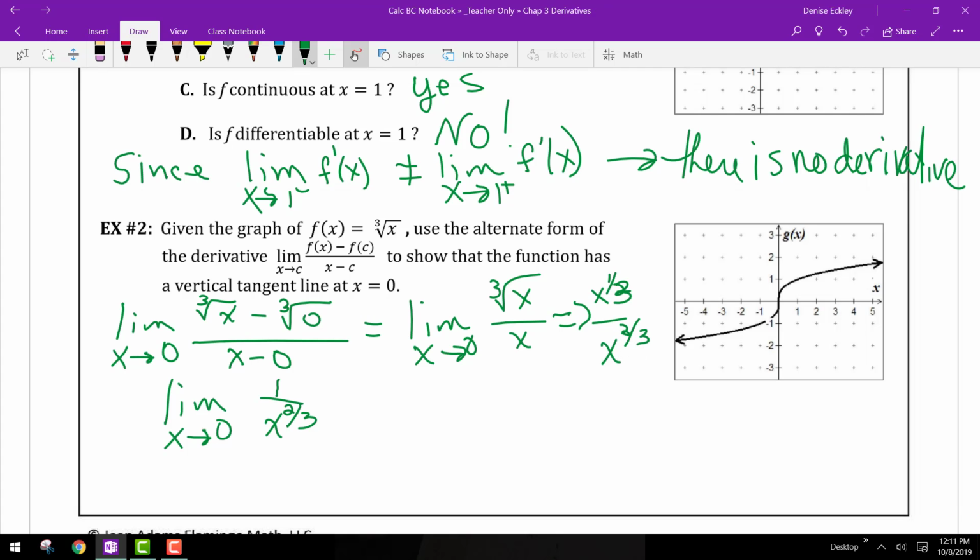So when I subtract those, I get a negative 2/3. So if I write it this way, what you can see is this is going to lead us to 1 over 0. So the limit is undefined.